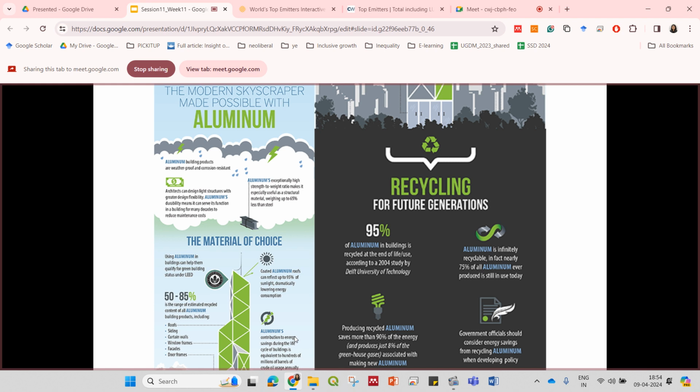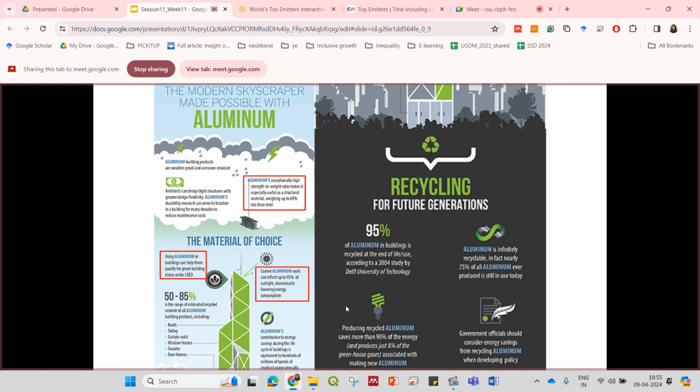Also, aluminum's contribution to energy savings during the life cycle of a building is equivalent to hundreds of millions of barrels of crude oil usage annually. So, in that way, aluminum is a good choice for making buildings and even possibly skyscrapers.